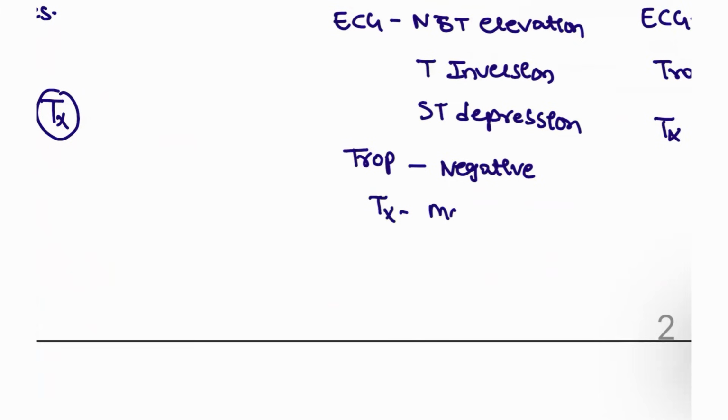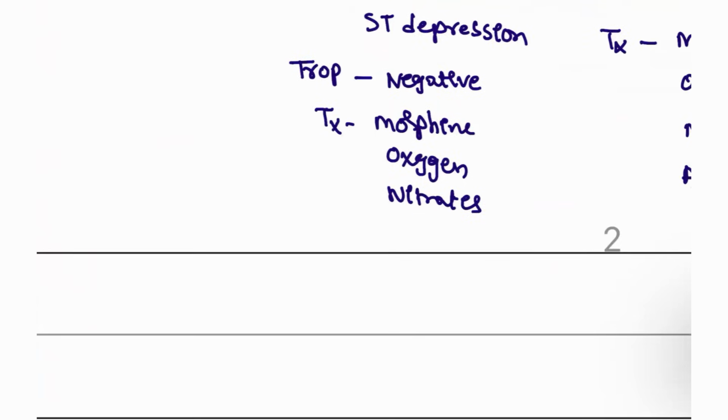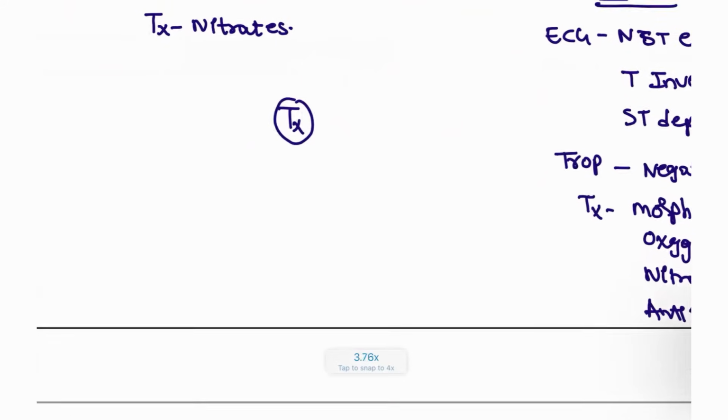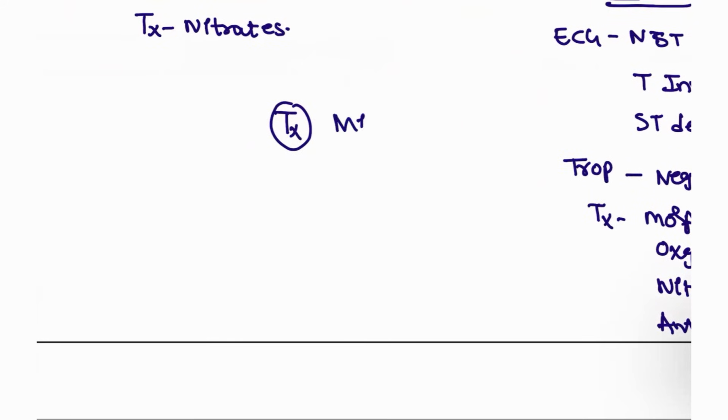Give the morphine if needed, oxygen, and then again nitrates. Antiplatelets are compulsory and should be given, but it depends on the severity. If the patient is mild or moderate, then in less than 24 hours, we can go for the thrombolysis.